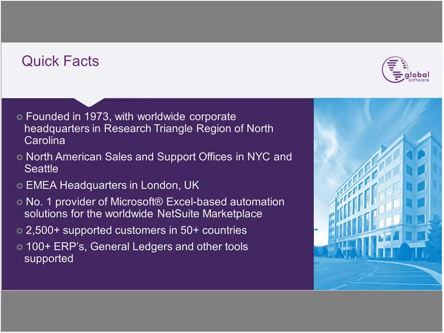Spreadsheet Server, our flagship product, is the number one Microsoft Excel-based automation solution for the worldwide NetSuite marketplace, as well as for over 100 other ERPs, general ledgers, and other tools. Currently, we have over 2,500 customers supported worldwide in 50-plus countries, and what this actually doesn't say is over 50,000 users worldwide.